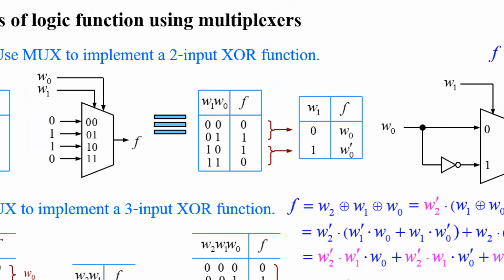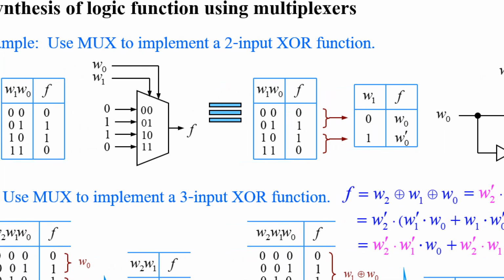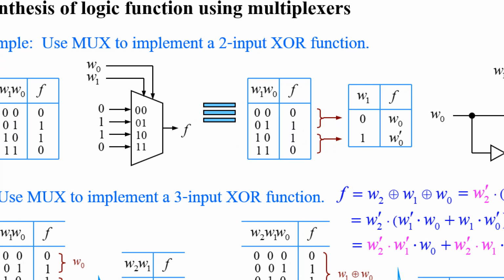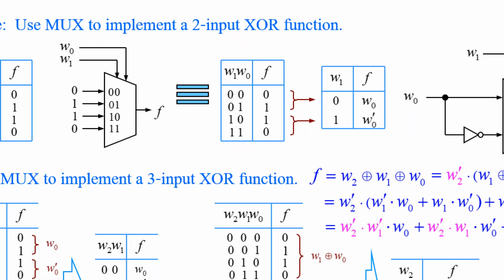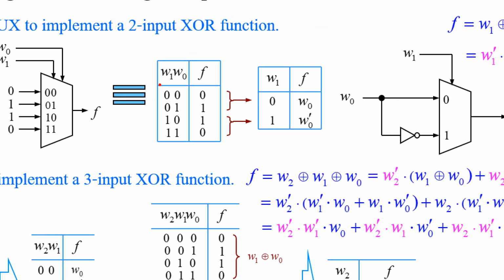Or if you want to reduce the size of the multiplexer, you may use something like this. If you use W1 as a 1-bit selector, let's consider when W1 is 0, your function value is the same as W0. So you can write W0 here.